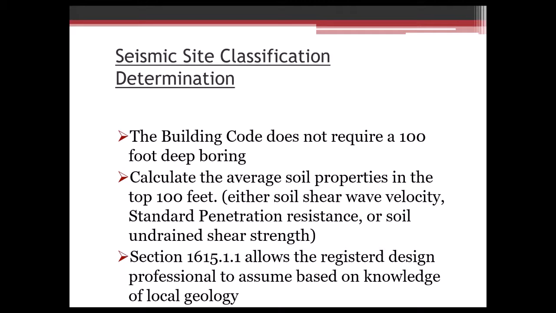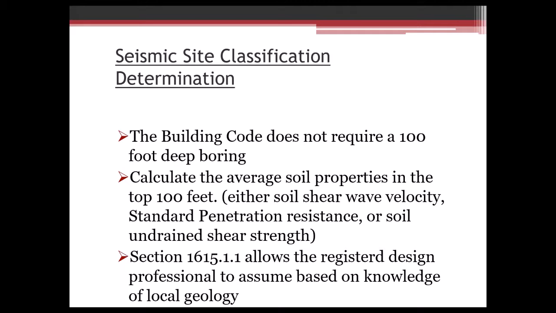Determining the seismic site classification is also important. The building code does not require 100-foot deep boring. There's some misconception on that still out there, and what it requires the geotechnical engineer to know is the soil properties of the top 100 feet. What I mean by that is if we hit bedrock at 20 feet, we know that we're not going to run back into soil below that.